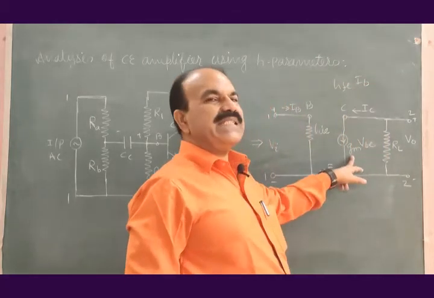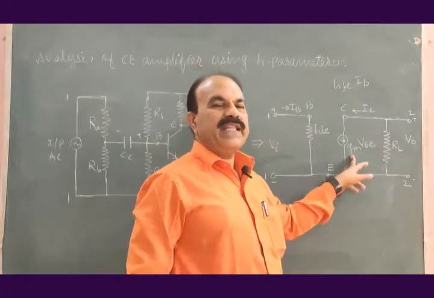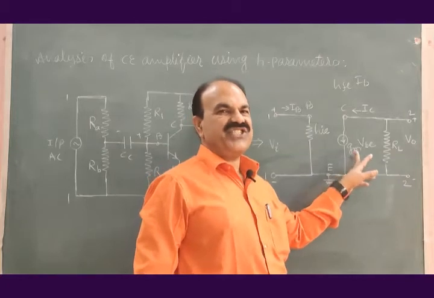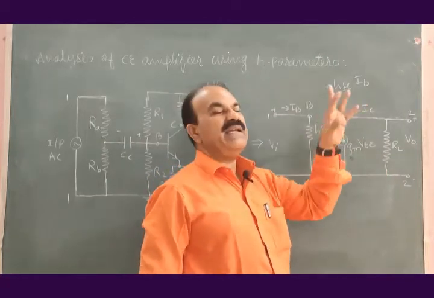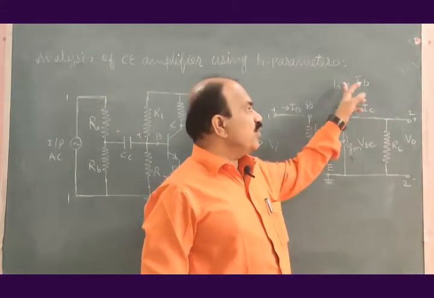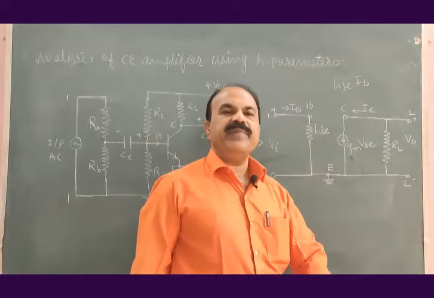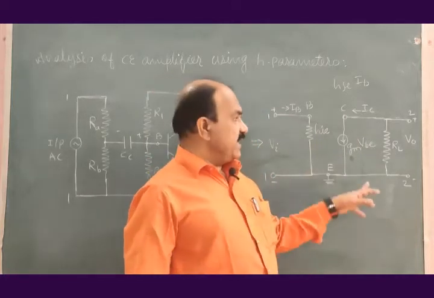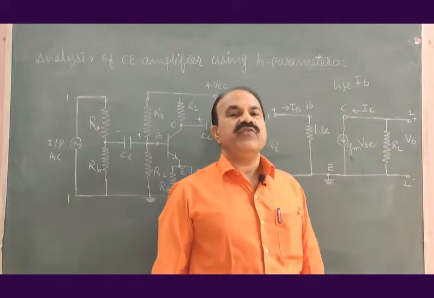It is known as transconductance. Current source shown in the form of transconductance, GMVBE. This can also be written as simply HFEIB. Both are the same. Either use here HFEIB or GMVBE.